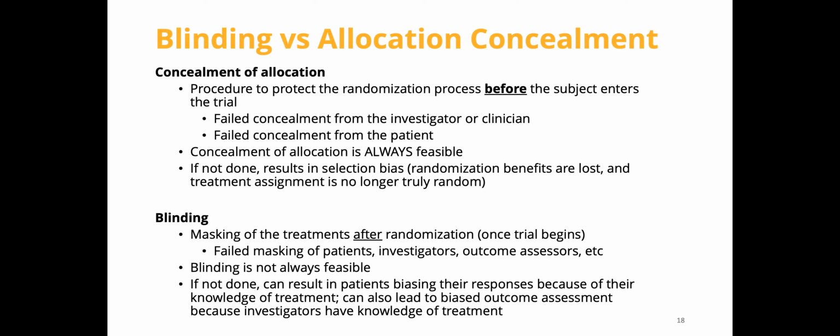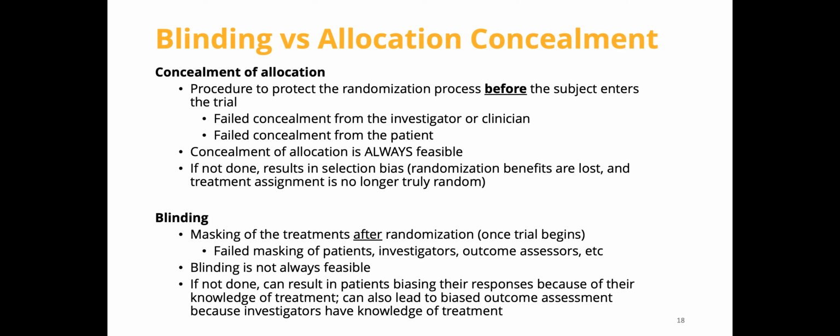But it's important to point out that if blinding isn't done, this can result in patients biasing their responses because they know what treatment group they're in. And it can also lead to biased outcome assessment because the investigators also know what treatment they're in.